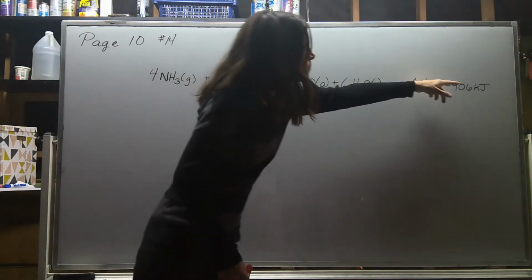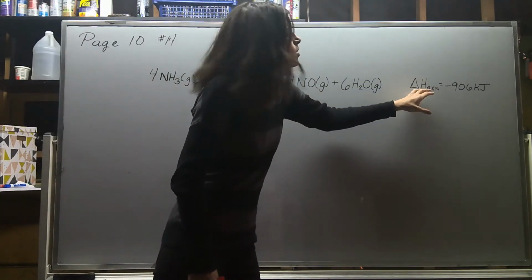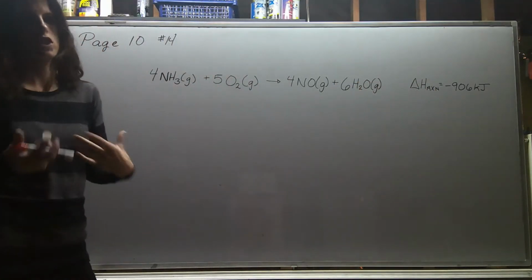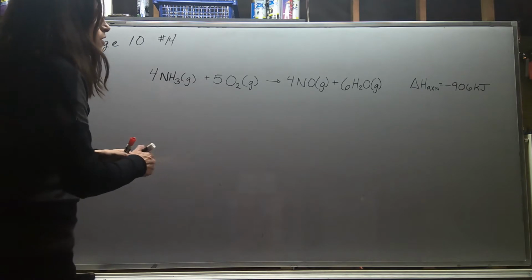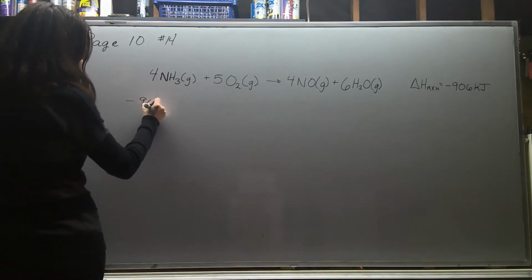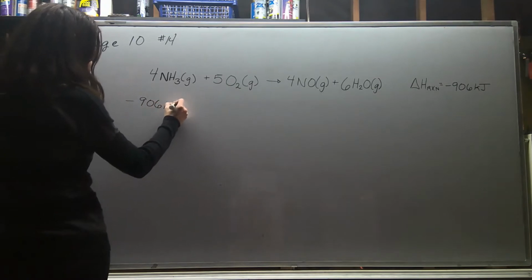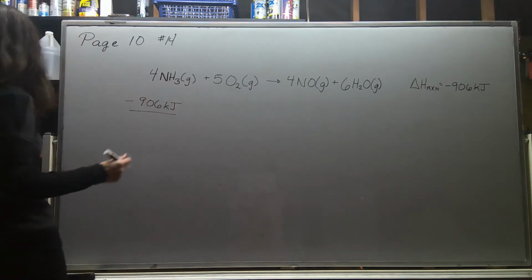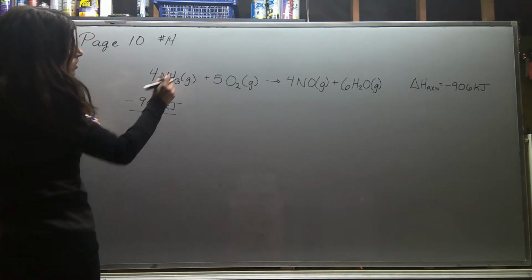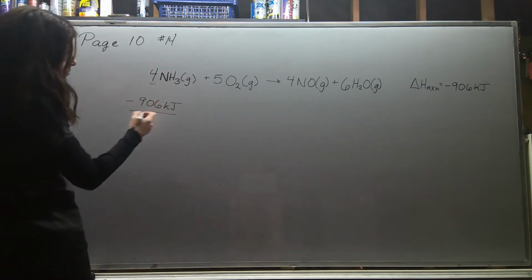So we can create conversion factors from this value that will allow us to figure out the heat associated with the other quantities. So for instance, I'm going to write negative 906 kilojoules. And then in order to finish my conversion factor, I want to grab the coefficient next to the ammonia.